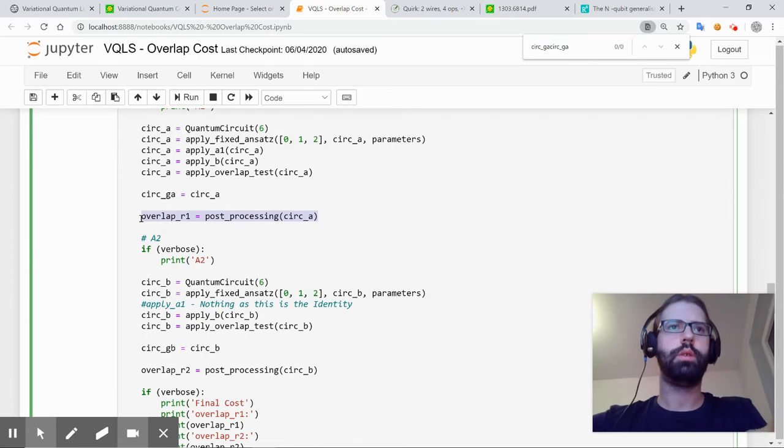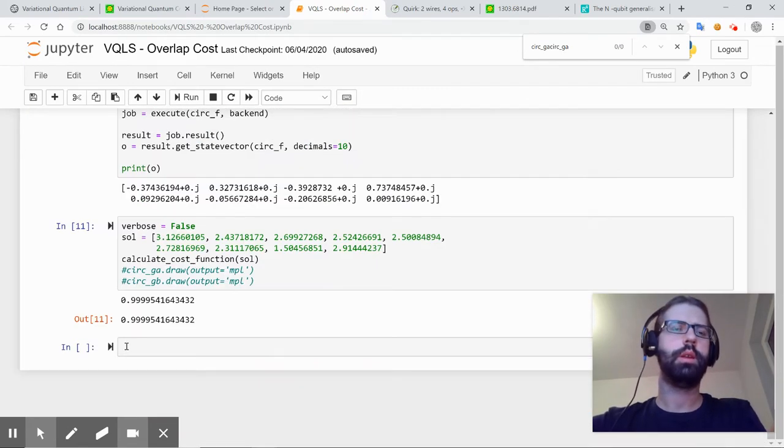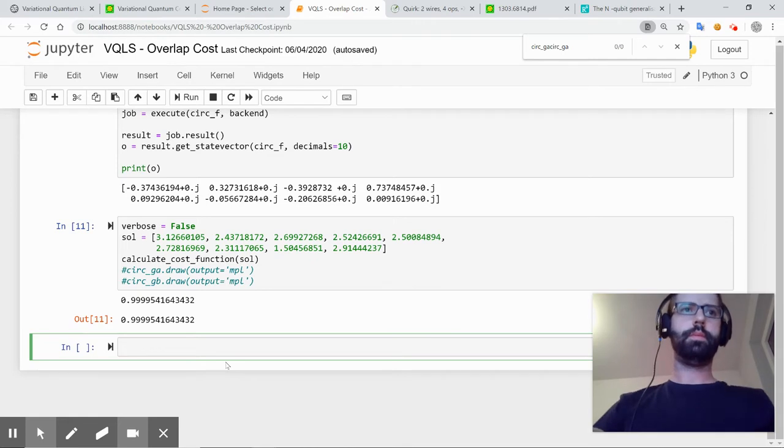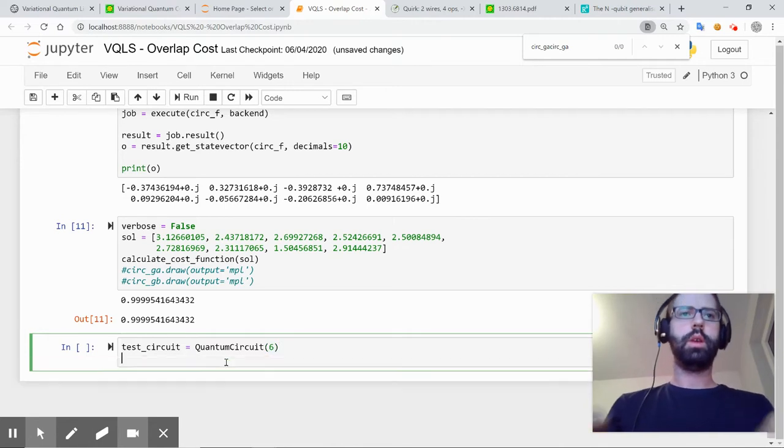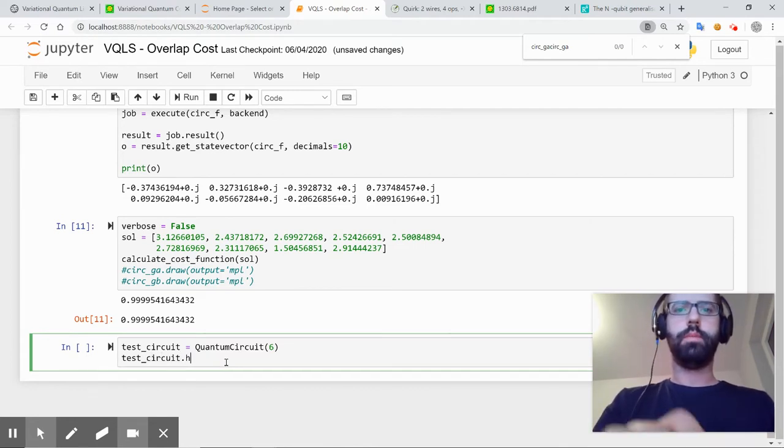So if I create a quantum circuit of 6 qubits, and this is basically a Hadamard applied to all the qubits.